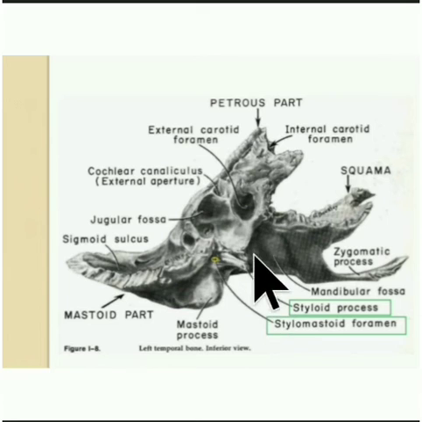Then there is the styloid process. This is the styloid process of the temporal bone. On the posterolateral part of the base of the styloid process there is a foramen called the stylomastoid foramen, which is the external orifice of the facial canal.